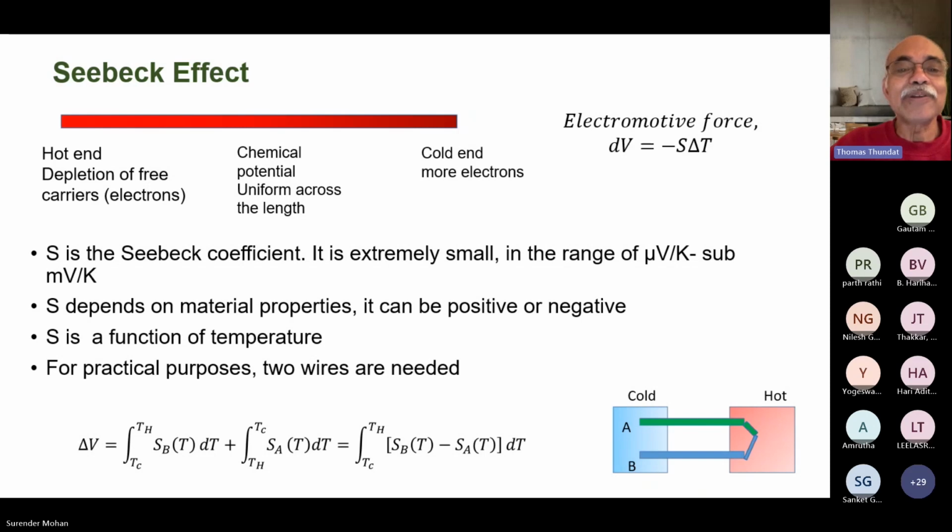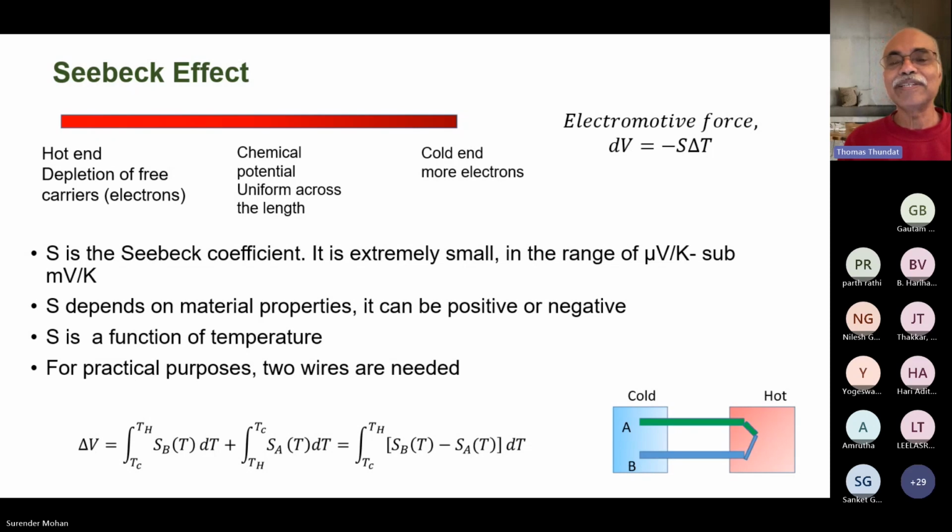As you know, lattice atoms are basically fixed in space, but the outer electrons are movable, from the free electron theory. So when you heat one side, these electrons are going to move away from the hot side to the cold side. That's the way we can imagine it at this time. And it generates an electromotive force. One side will be positive and the other side will be negative.